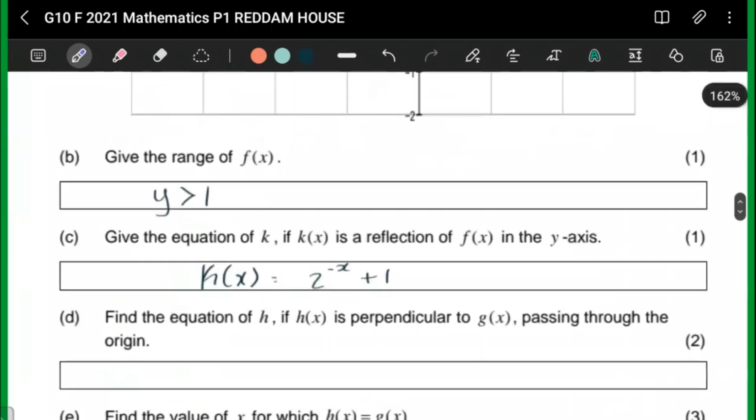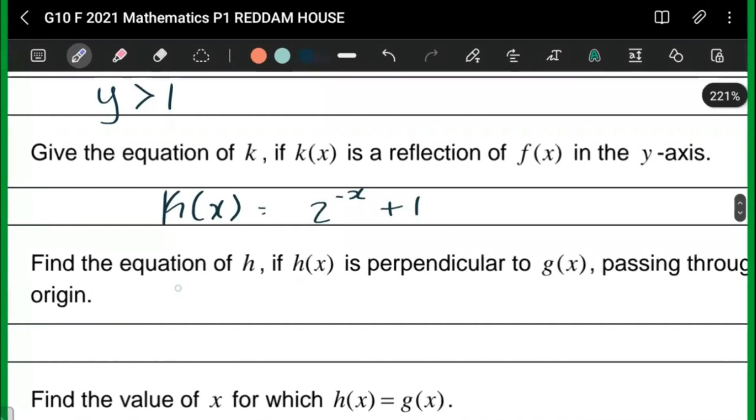The equation of G, what we know is the gradient of G is a half. So a half multiplied by the gradient of the second line should give us a -1. If you divide by a half on both sides, we're going to get m is equal to -2.